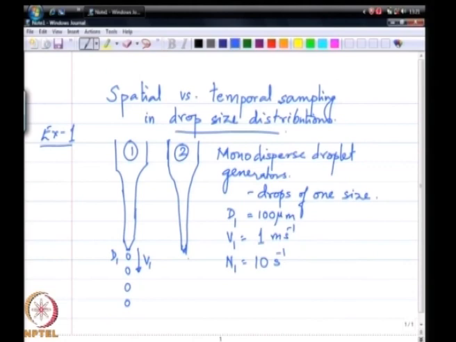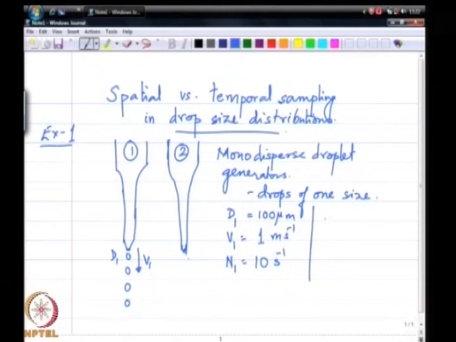So, we are producing 10 drops of 100 micron diameter per second, and each one is being ejected out from the needle at a speed of 1 meter per second in the axial direction. I want you to note that the number frequency has nothing to do with velocity; they are completely different measures of how fast the drop may be moving.